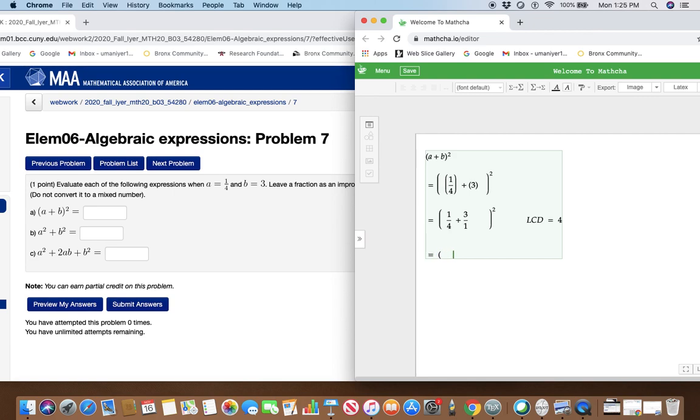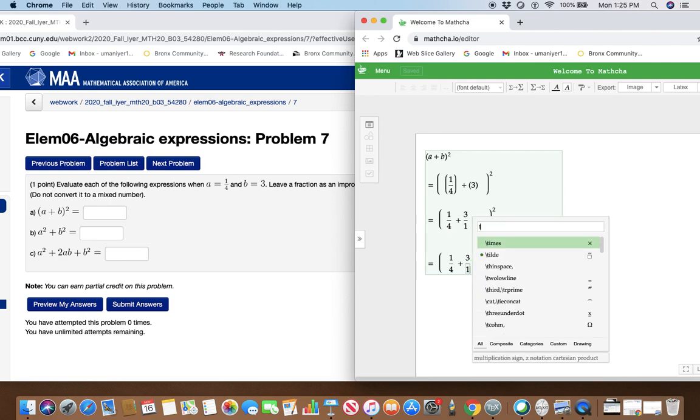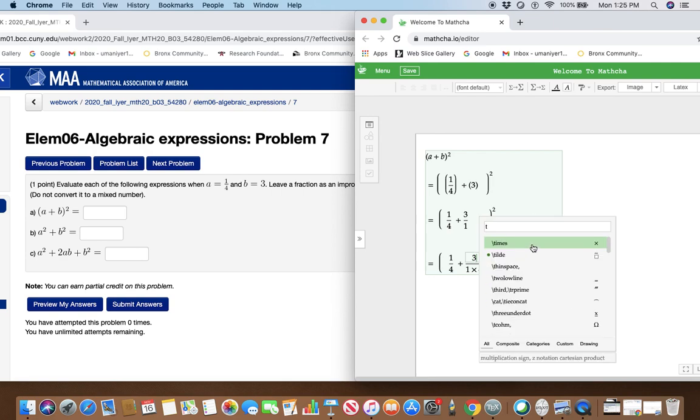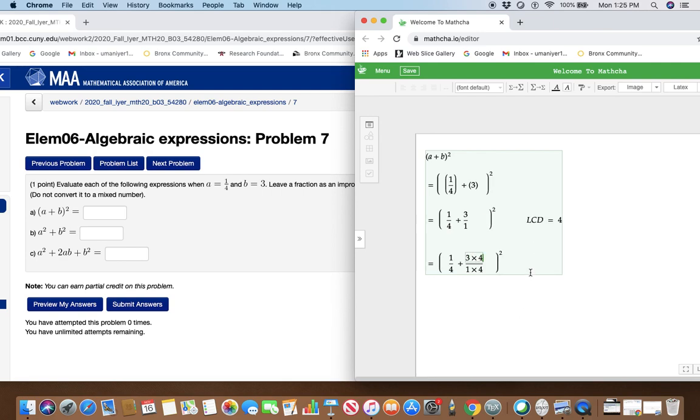So outside parentheses and power 2 as they are, I'm going to rewrite both these fractions with common denominator of 4. The first one is good as it is. The second one needs a 4. I need to multiply by 4 to the denominator and numerator.